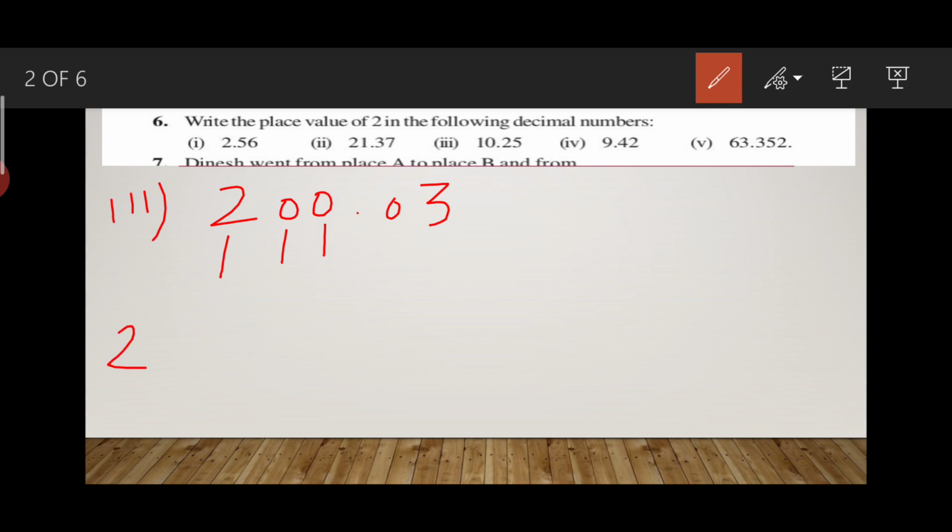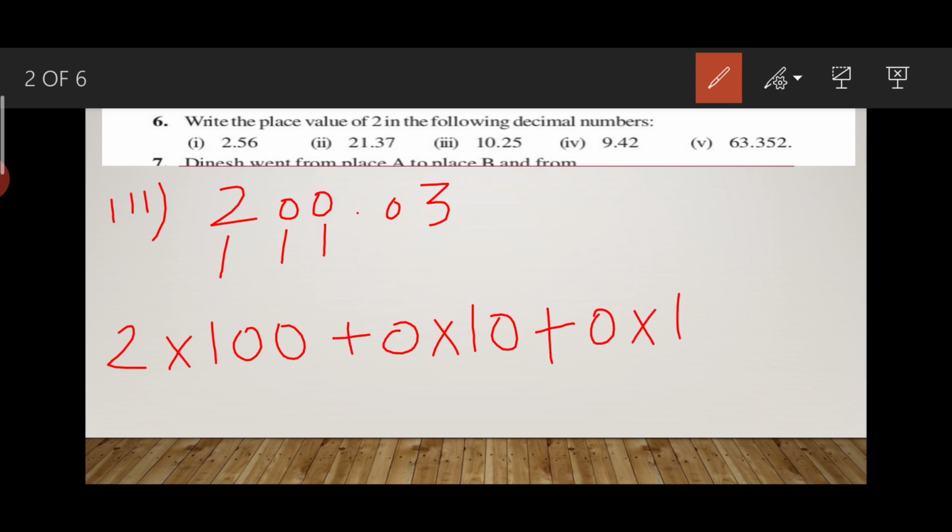So the place value of 2 is 100, so we will multiply it by 100, and the place value of 0 is tens, so we will multiply 0 by 10, and the place value of the second 0 is ones, so we will multiply 0 by 1. Again after the decimal, the first digit is 0 and its place value is tenth, so 1 upon 10, and the place value of this 3 is hundredth, so 3 into 1 upon 100. So this is the expanded form of question number 5, third part.